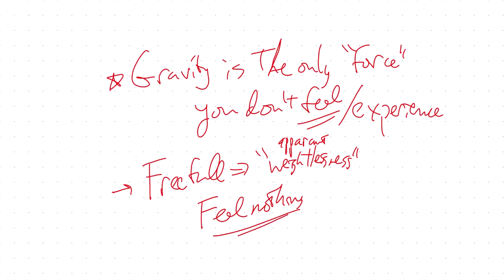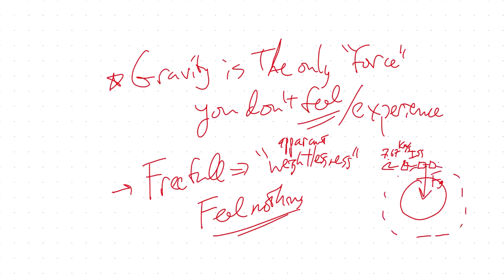An orbit is a free fall. The International Space Station here is going really fast, 7.67 kilometers per second, because there's an enormous amount of gravity trying to pull it toward the Earth, and it's just free falling around the Earth, so they appear to float.